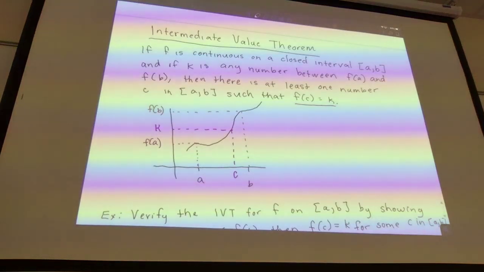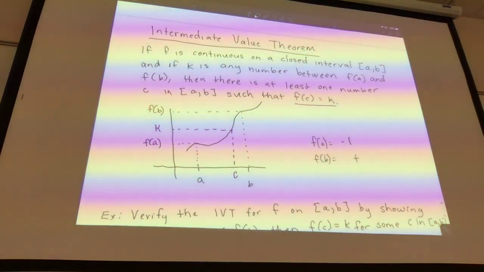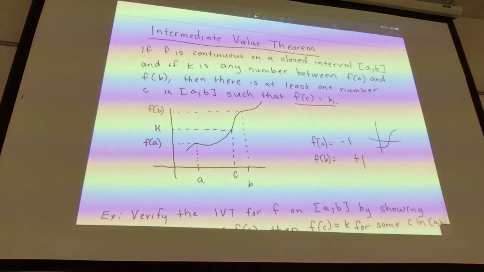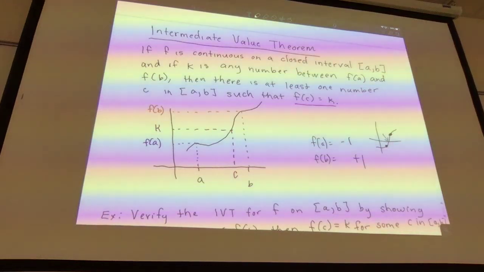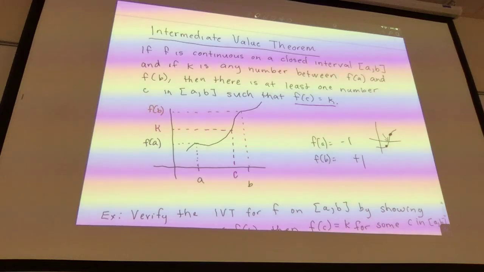If you evaluate f of a and you got a negative number, and you evaluated f of b and you got a positive number, that means at some point you went from a negative value to a positive value, which guarantees that you crossed the x-axis and had a 0. That's the part that you talked about in pre-cal. It's intermediate value theorem, but we used it for zeros. Now we're going to say find c where that happens.